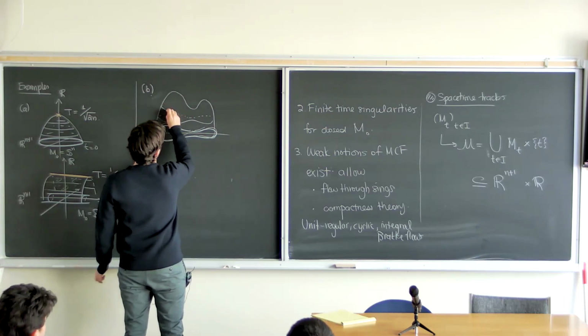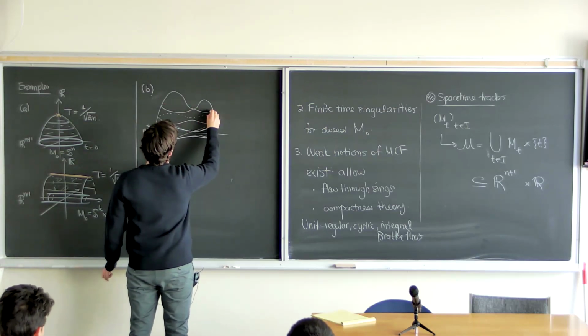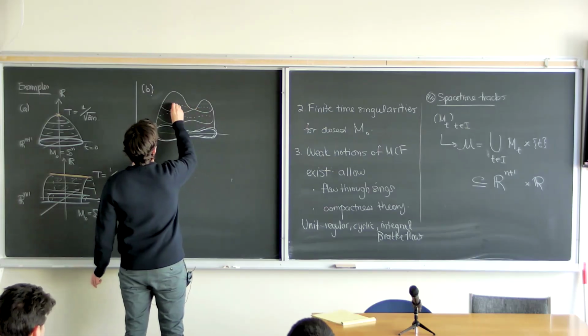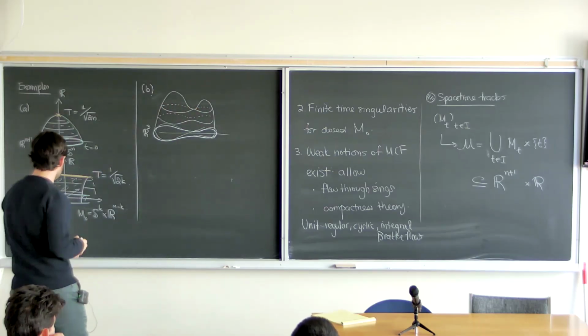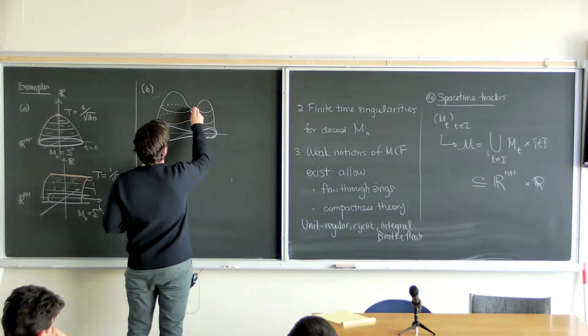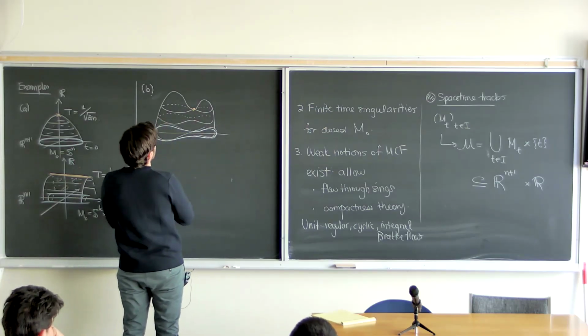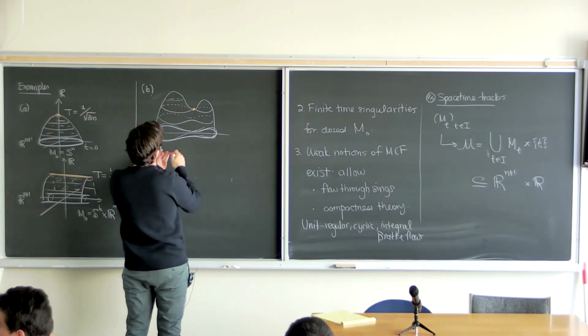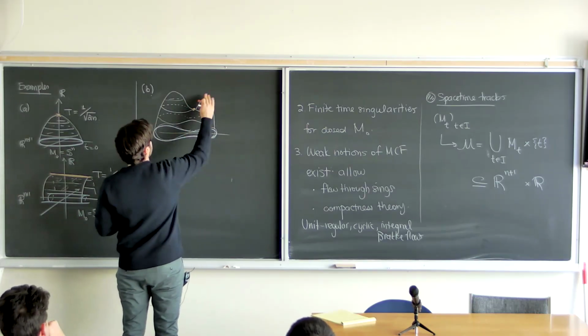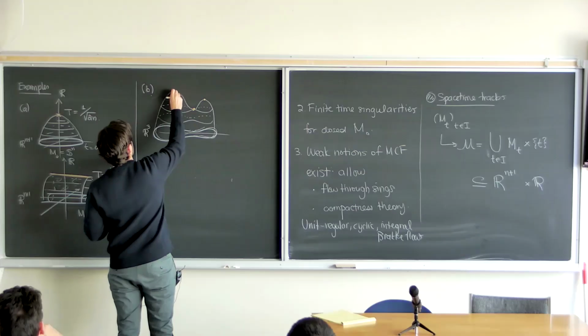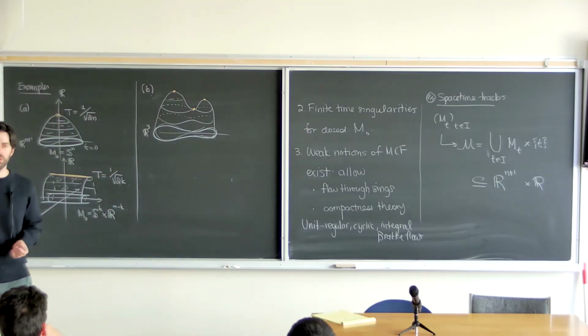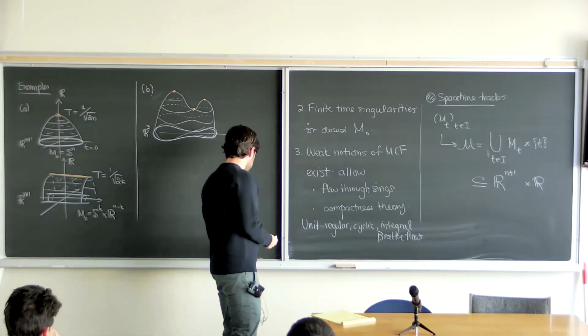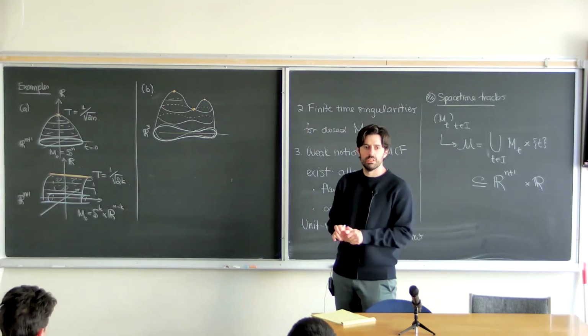Then eventually you develop a singularity. So you get one singular point. Then you keep flowing. You develop the second singularity. And then this component dies, and then you develop this singularity. So it's a convenient way to encode the whole process into one picture.